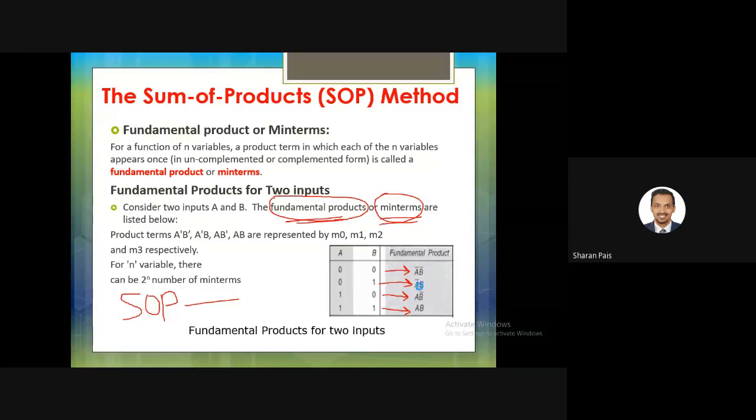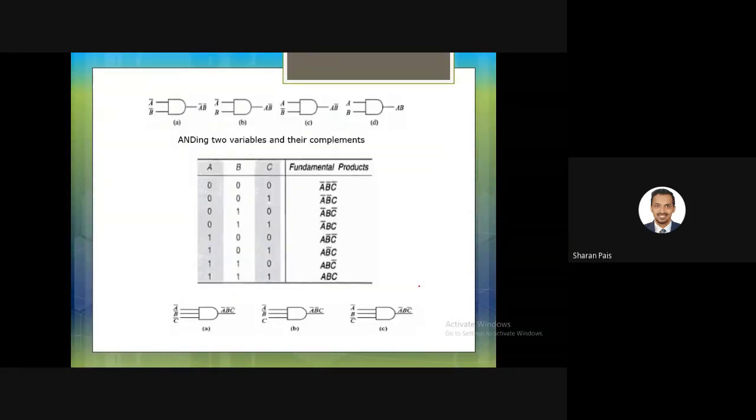We'll continue. So now you're having a three input table. We call it a truth table. So whenever you are having three inputs, the same rule follows. The AND operation between the operands or the inputs, and if it is 0, make it A bar, B is 0, B bar, C is 0, C bar.